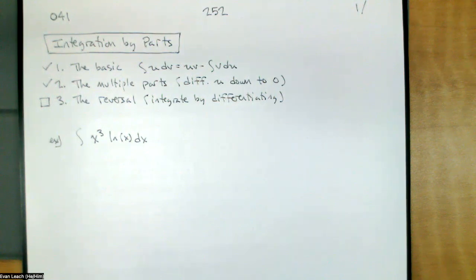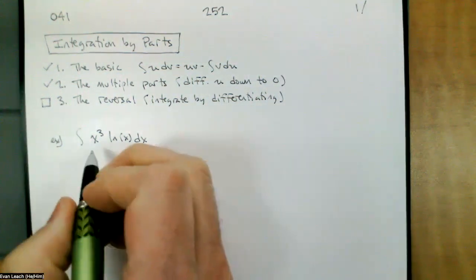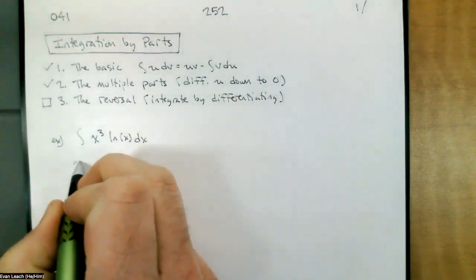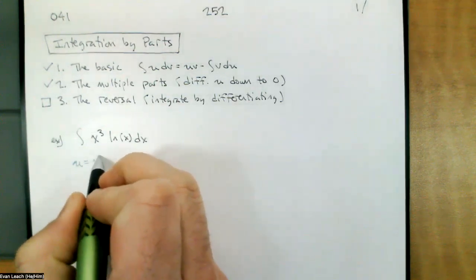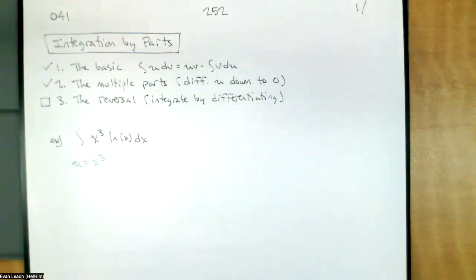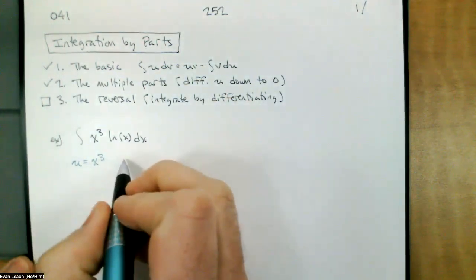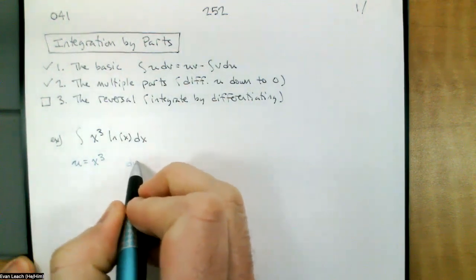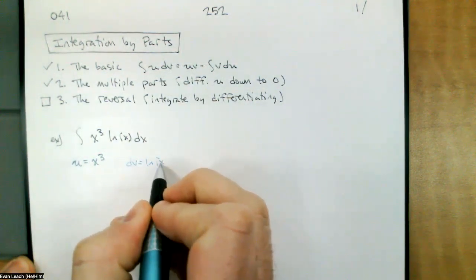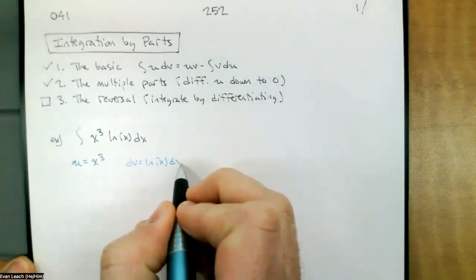Our normal training says that maybe we should make u the polynomial part so we can differentiate down to zero, but this leads to a problem immediately. If we make u equal to x cubed, then dv is natural log of x dx.